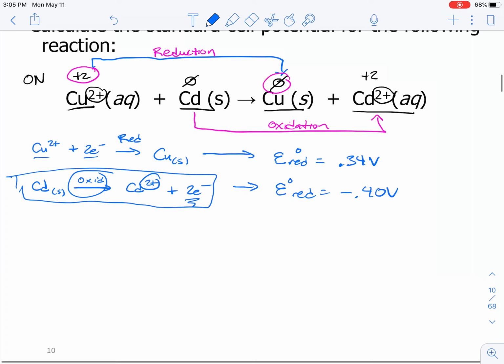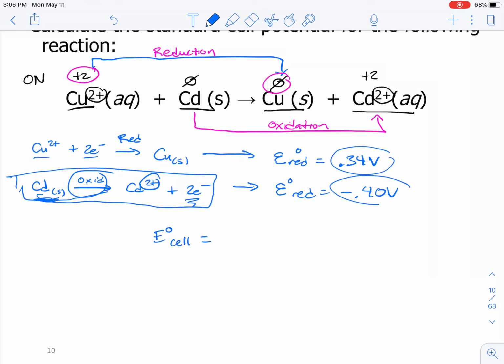Now, since this cadmium is undergoing oxidation, I'm simply going to place these two numbers into my equation, where we have standard reduction minus oxidation. Okay.